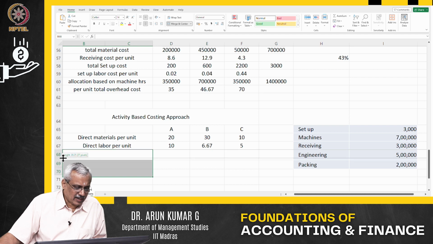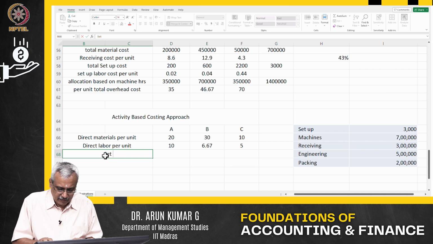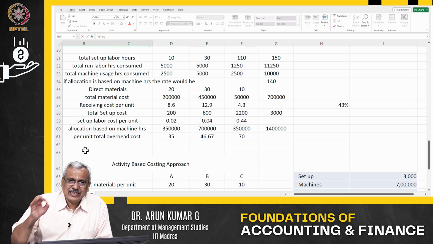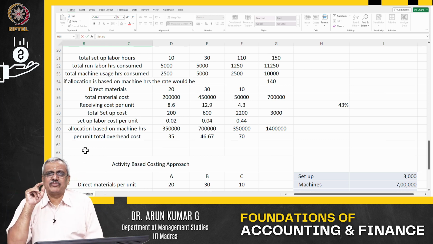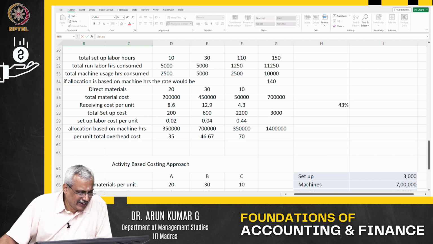Let us first start with setup labor, setup. Now you know what the activity is? The activity is machine setup. What is the activity driver? The activity driver is the number of hours you are using for setting up the machine, the amount of labor that is consumed for setting up the machine. That we calculated.